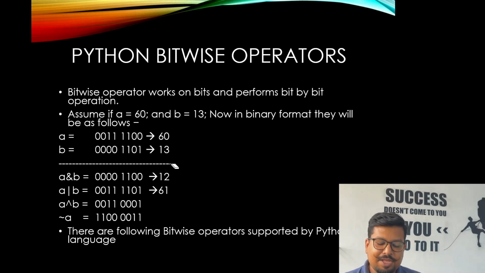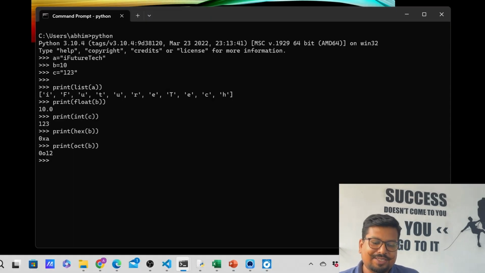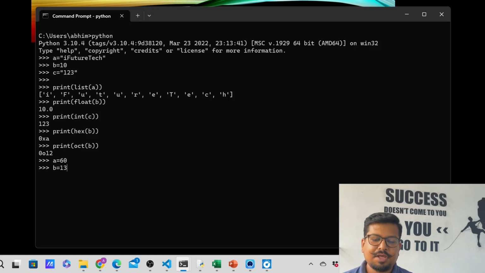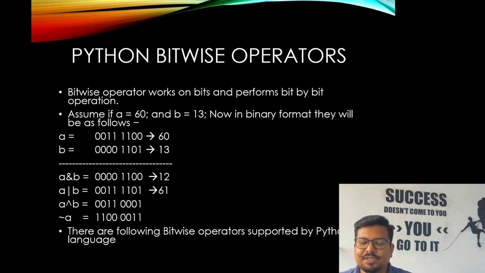So let me just demonstrate using an example over here, where if I just take a value A as 60 and B, we have considered it as 13. If I do A and B, then I am going to get value 12. How we have got this value, that also we have discussed already.